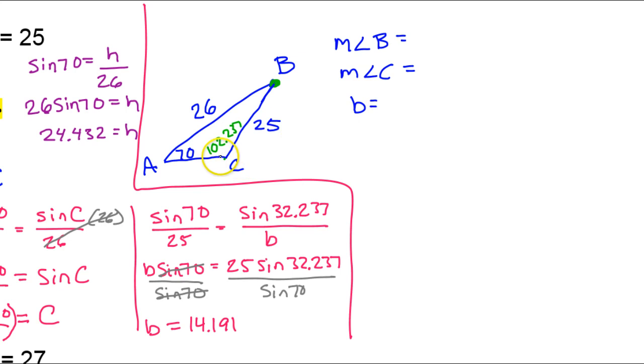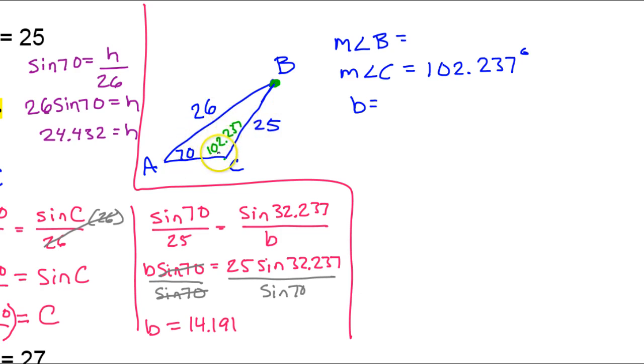Well, guess what? We already found one of those. We found that the measure of angle C was 102.237 degrees. Now we could find the measure of angle B very easily because we have two angles inside the triangle. They have to add up to 180.